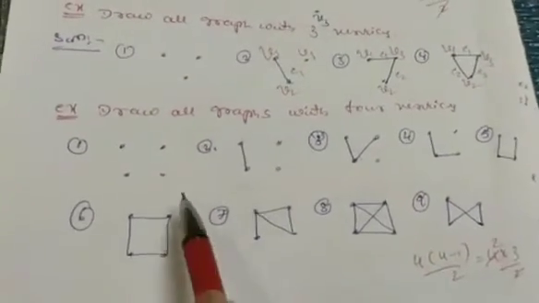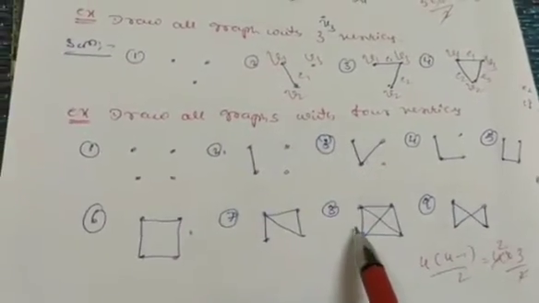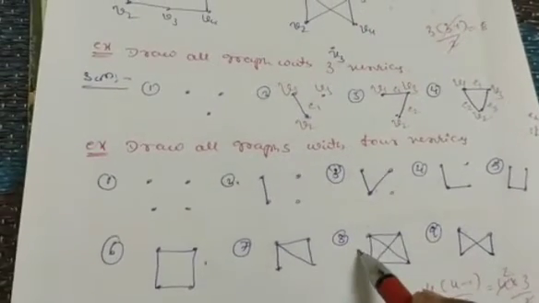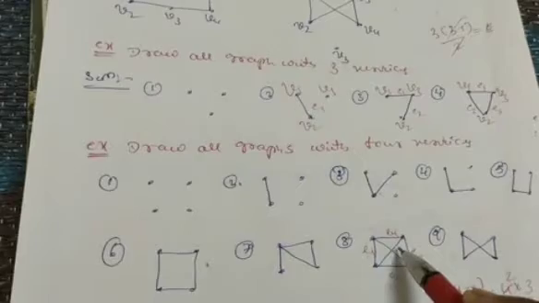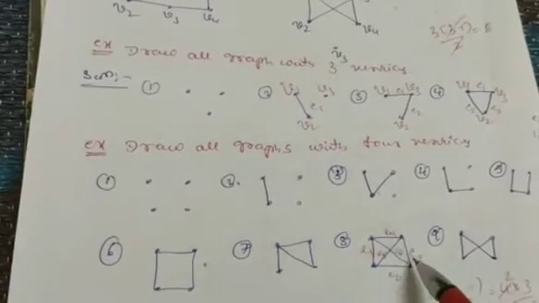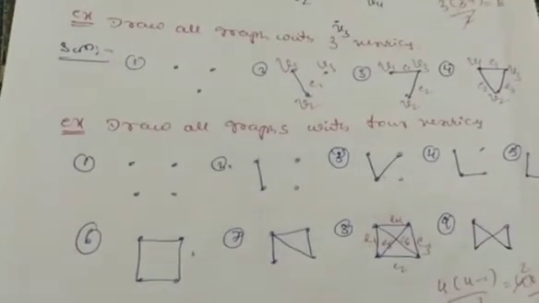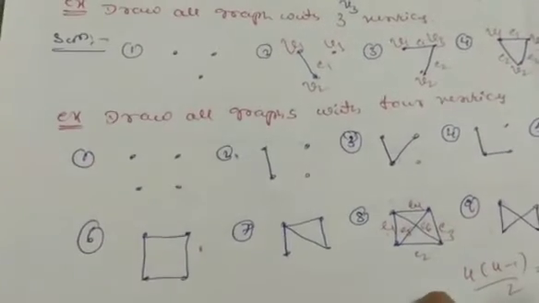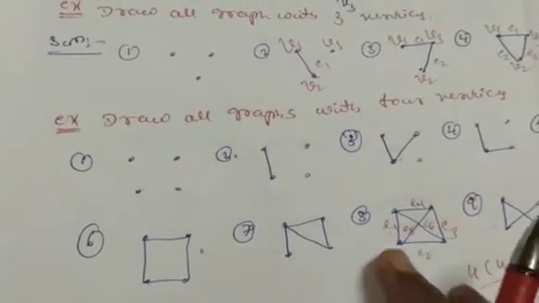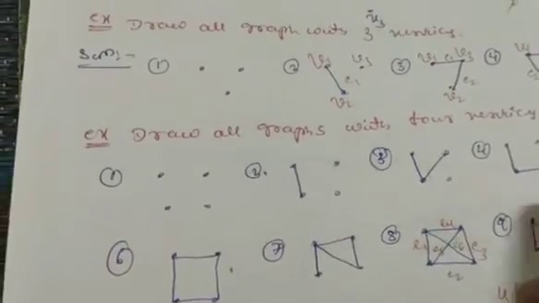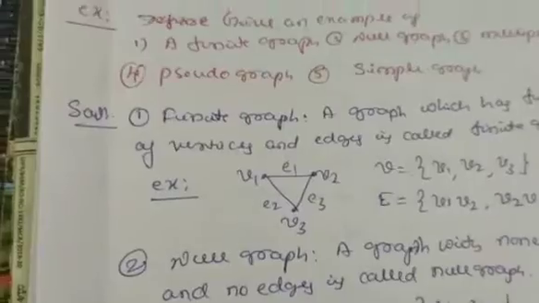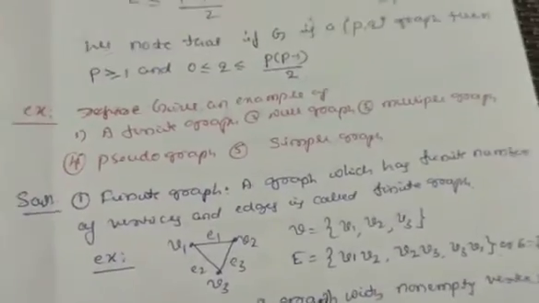In all these graphs we can see the maximum number of edges: E1, E2, E3, E4, E5, E6. It is not possible to have more than 6 edges for this graph. This is the meaning of this theorem.